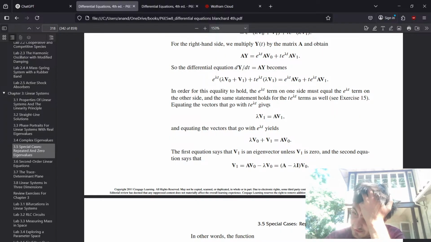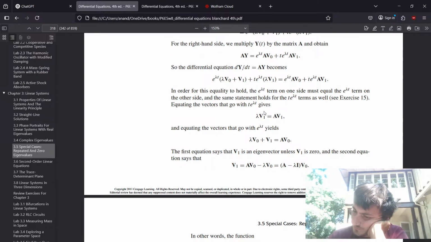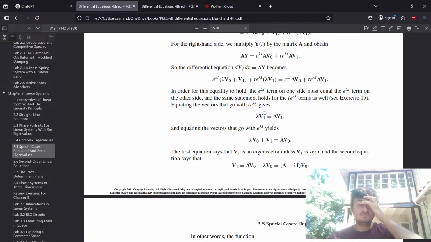So this means, oh, cool. This is going to show that v1 has to be the eigenvector, because we can cross out the t, so then we get A v1 is equal to lambda v1.